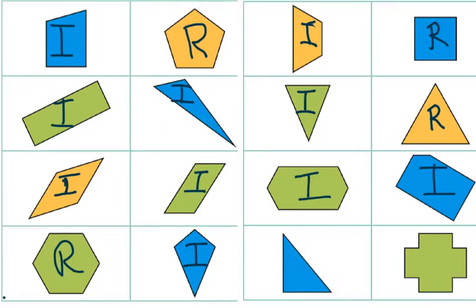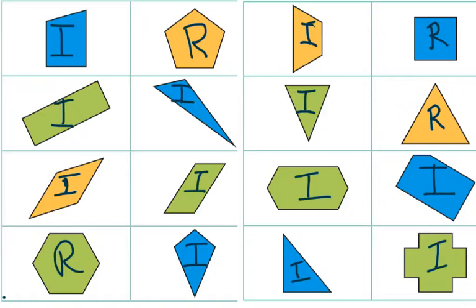I think this one's a scalene one because this side is longer than this side, and this side is definitely longer. So it's a scalene triangle, which means it is irregular. And finally, this sign that looks like a plus, 1, 2, 3, 4, 5, 6, 7, 8, 9, 10, 11, 12. It's a dodecagon, and it is irregular.